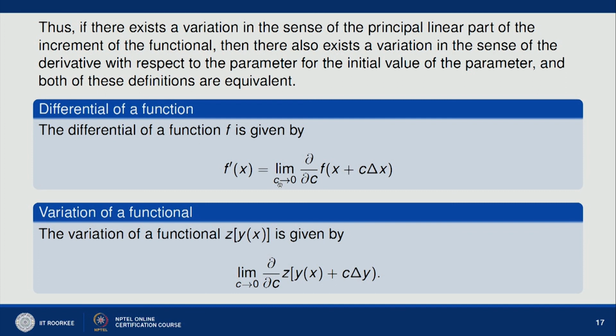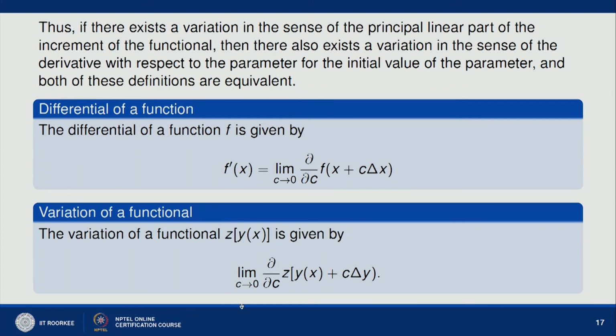If we summarize this, thus if there exists a variation in the sense of the principal linear part of the increment of the functional, then there also exists a variation in the sense of the derivative with respect to the parameter for the initial value of the parameter, and both of these definitions are equivalent. So we can summarize and write that the differential of a function can be written as f dash x equal to the limit c tending to 0 of d by dc of f(x plus c delta x), that is for a function.